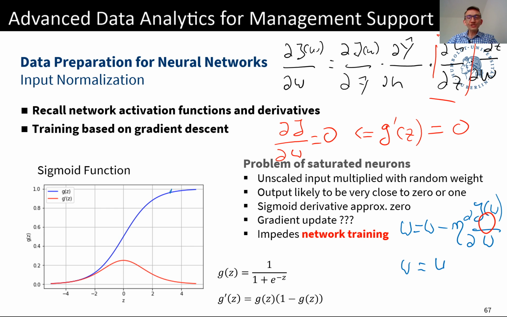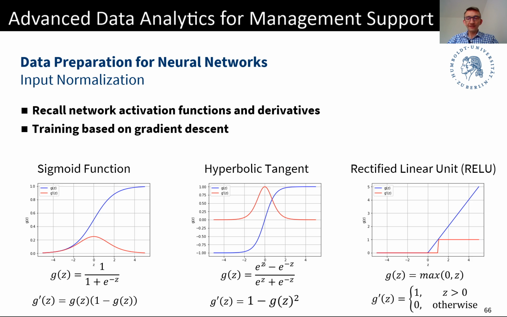With the hyperbolic tangent, things are a little bit different. And with ReLU, yet an entirely different story. The hyperbolic tangent essentially suffers the same limitation as the sigmoid, only that its derivative is larger. So it might be a little more robust, but essentially you have the same problem. Whereas with the ReLU function, if you input a positive value, the derivative is always positive.